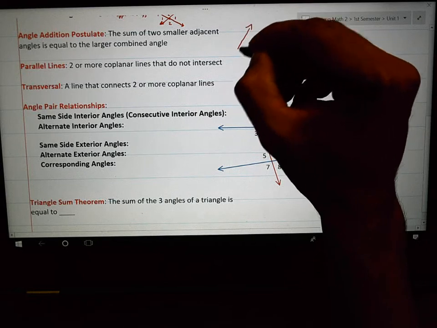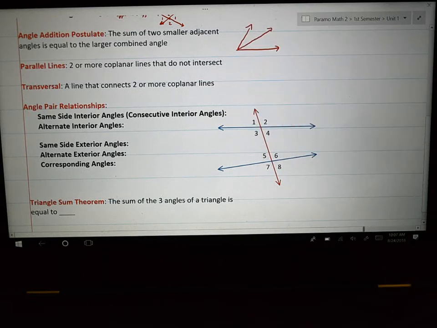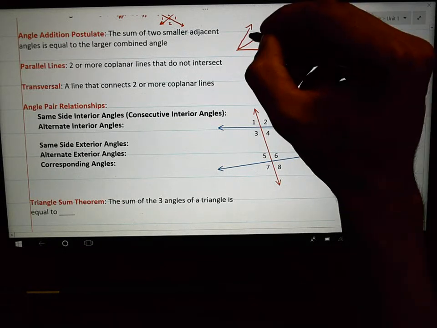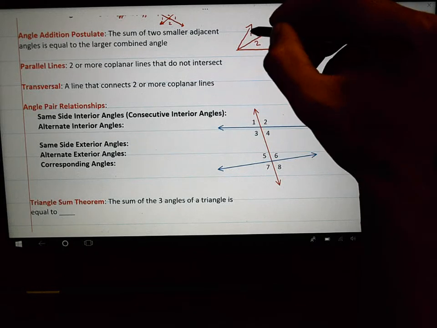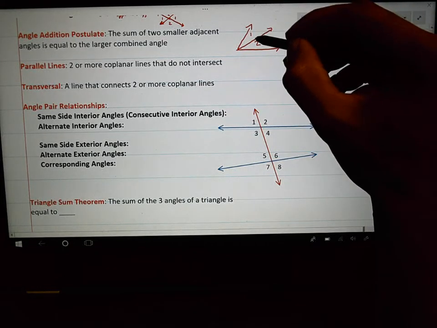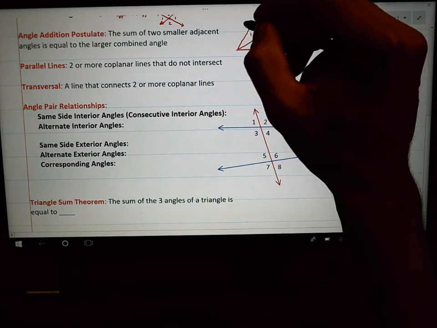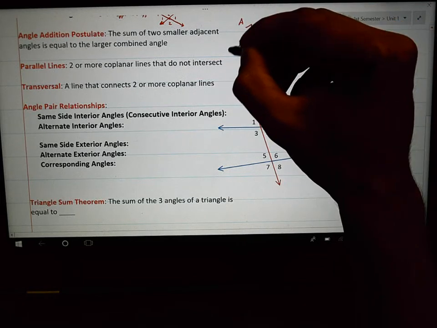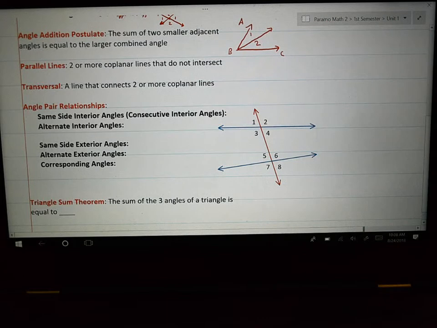If you have two angles, and it doesn't matter what the two angles are, let's call this angle 1 and angle 2. If I have two smaller angles like angle 1 plus angle 2, if I were to add those two things together, then that would equal the larger angle of angle ABC.